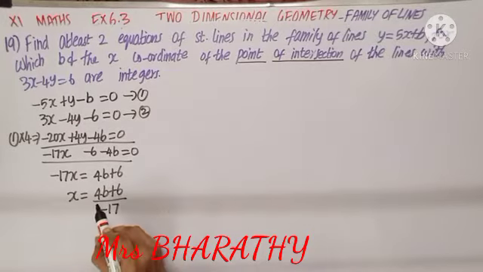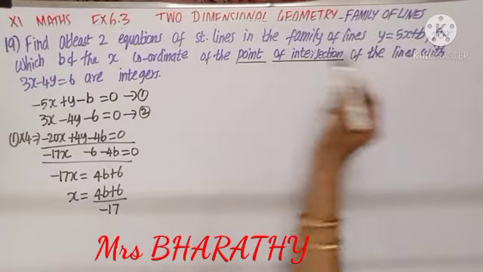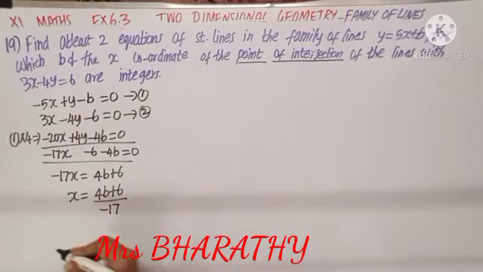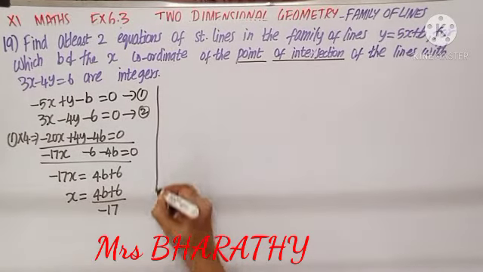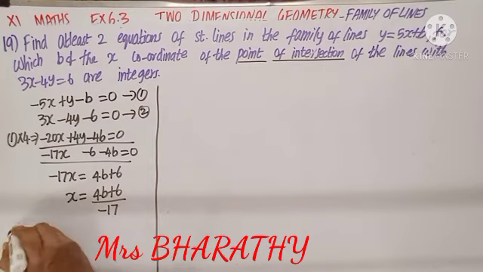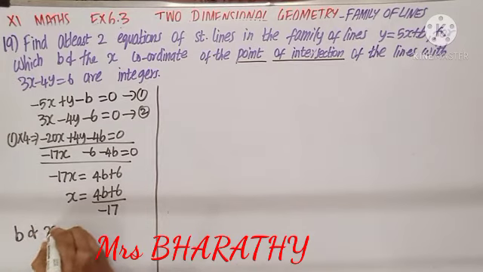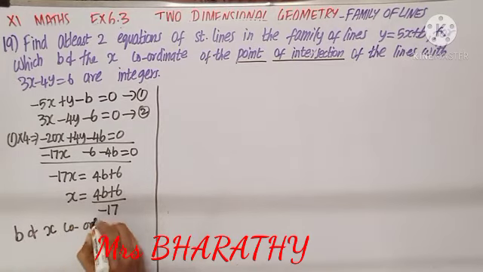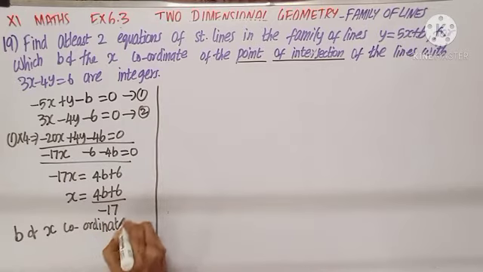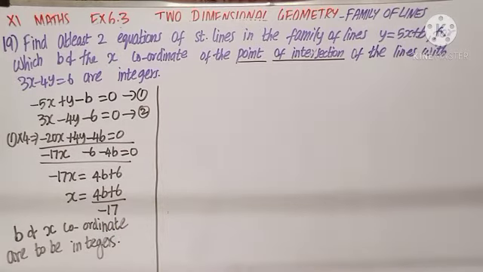As I know the x coordinate needs to be an integer, let us write the condition. We need b and x coordinate to be integers. What do I understand?